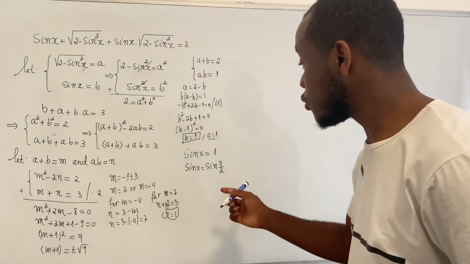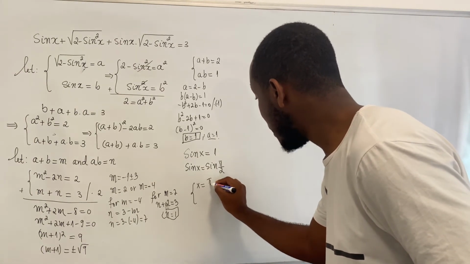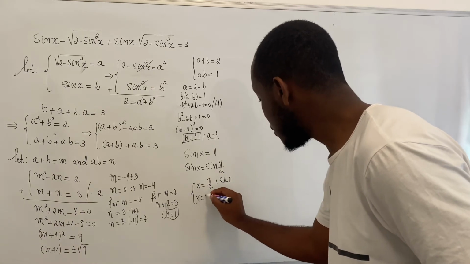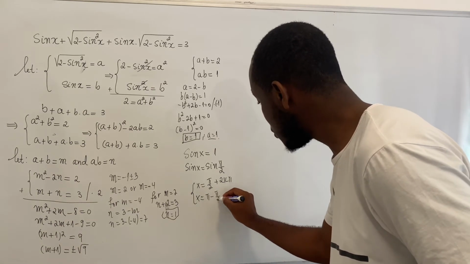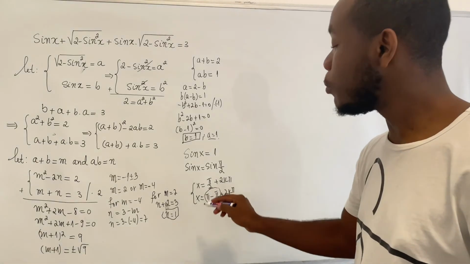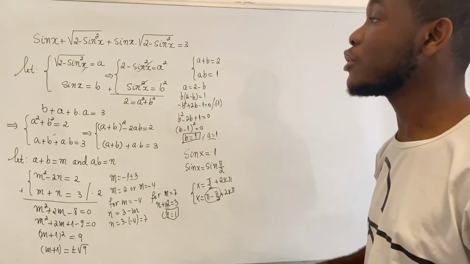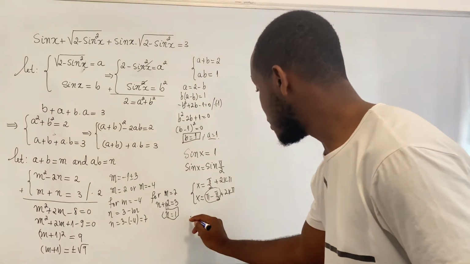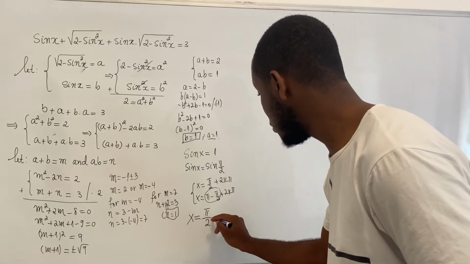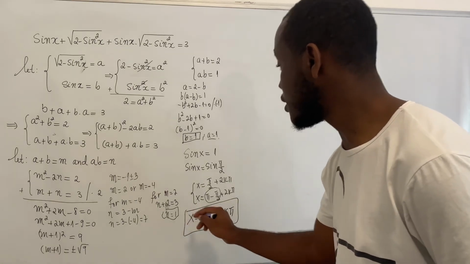That implies that x is equal to pi over 2 plus 2k pi, or x equal to pi minus pi over 2 plus 2k pi. Here it will be negative pi, but negative pi, if we substitute in our equation, won't verify. So for this problem the solution is only pi over 2 plus 2k pi. Okay, that is for this first approach.